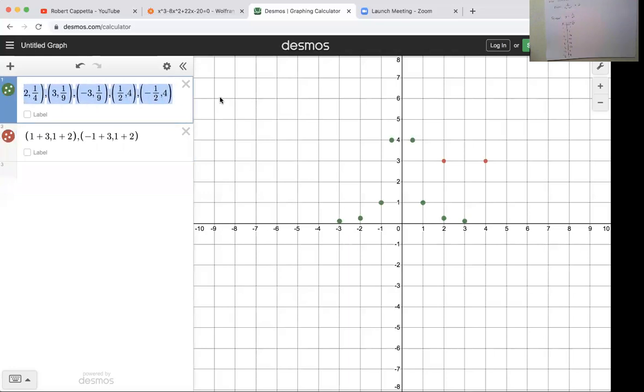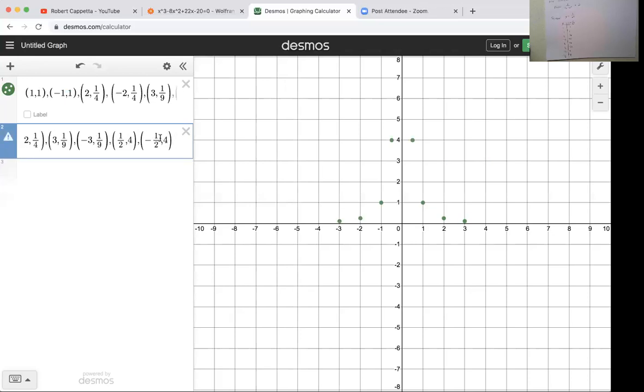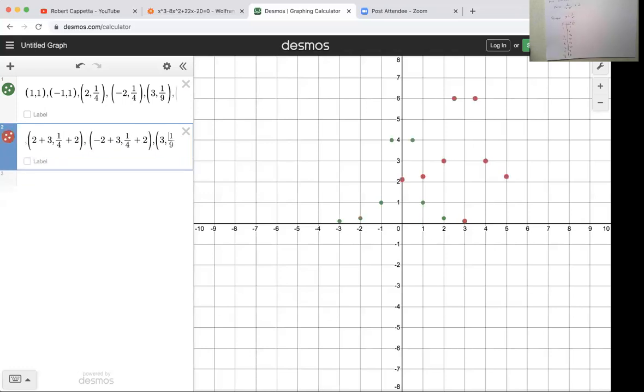So I'm going to just copy and paste all of these. So 3 over and 2 up on all of them. 2 up, 3 over. 2 up, 3 over. 2 up, 3 over. 2 up, 3 over. 2 up, 3 over.